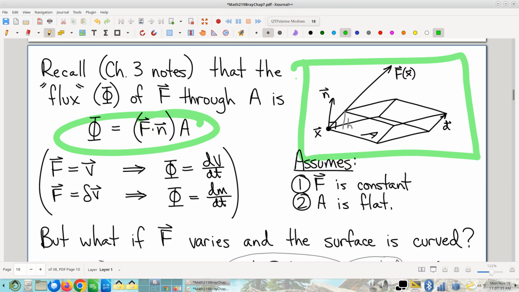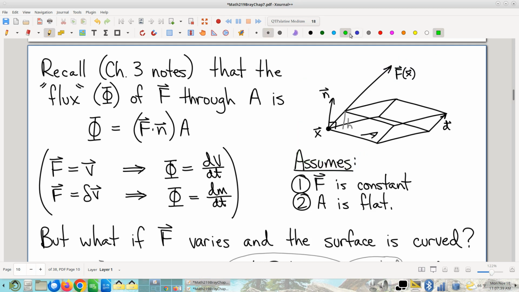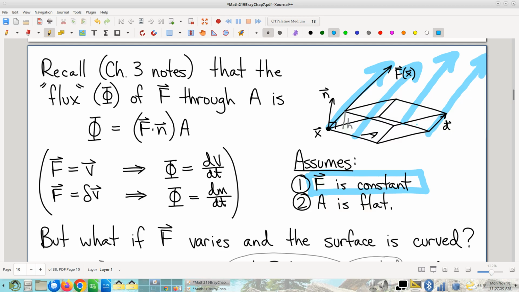Of course, this only works if your vector field is constant, right? So we need the vector field flow to be constant over the whole surface.